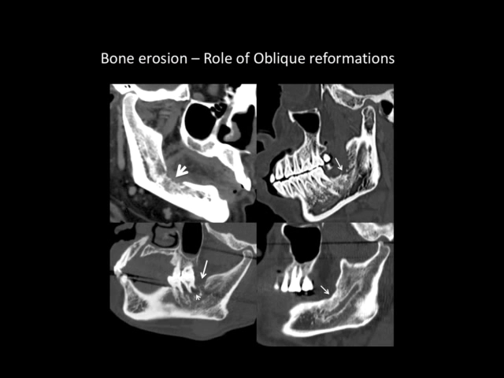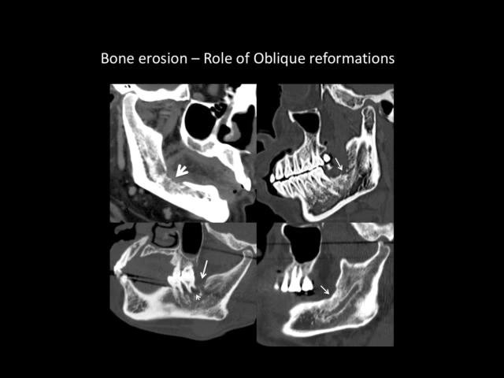So, coming to oblique reformats, I don't know how many of you routinely do oblique reformats, but it doesn't take more than 3 to 4 minutes to see the scan in oblique reformats. Oblique reformats come in handy when you are trying to look for erosions or smooth cortication along the edentulous socket.